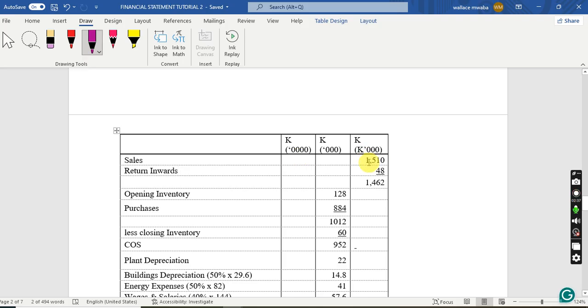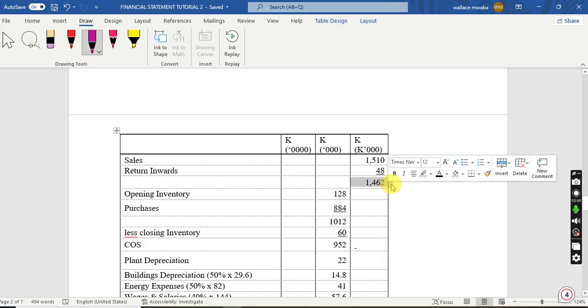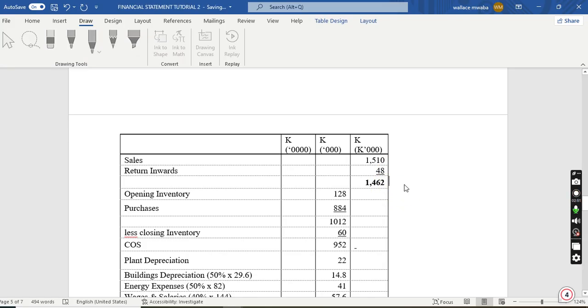Let's get our calculators to make sure all these figures are accurate. 1510 minus 48, I will get 1462. Are we all getting 1462? Yes, sir. Okay.